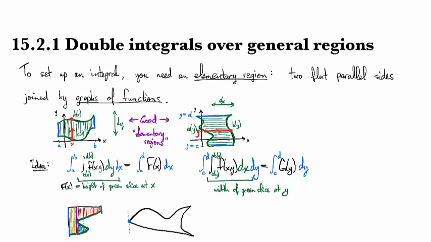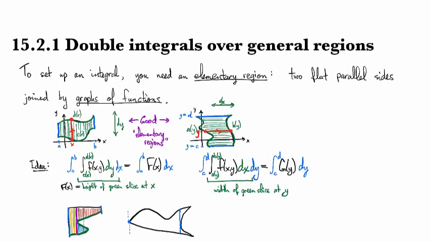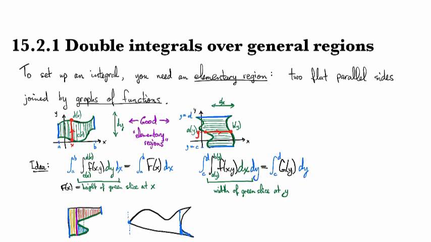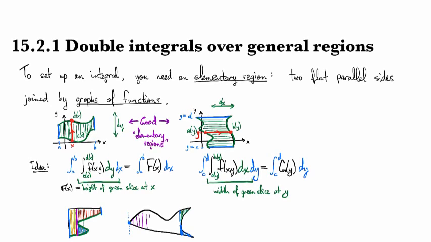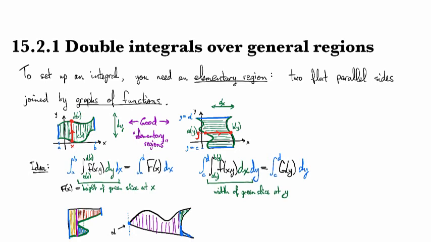But what's a problem is this situation over here. I would have to cut this into at least 3 pieces so that I could have my blue elementary region down here, my green elementary region up here, and then my purple one over here. So let me just emphasize again, this part is not a problem. That happens all the time.